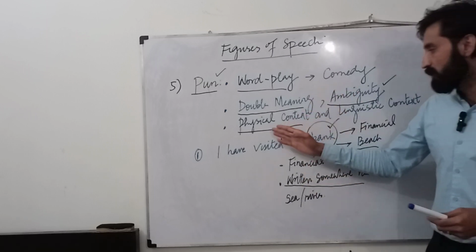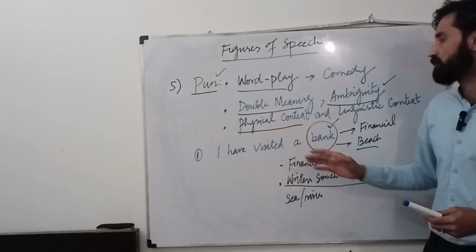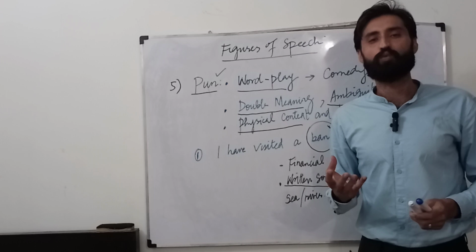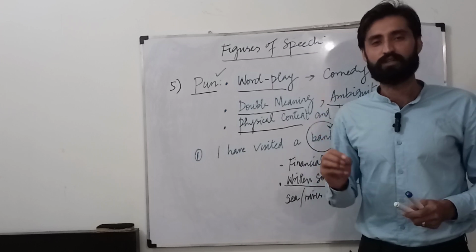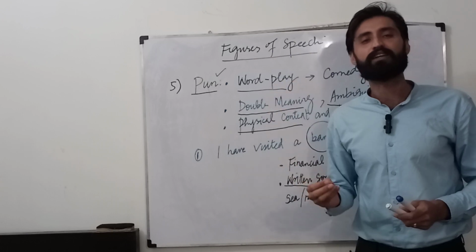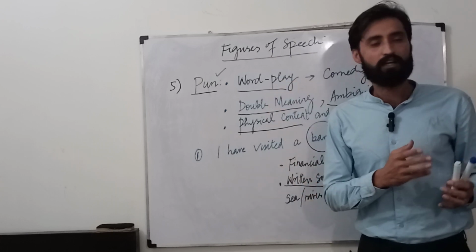So physical context means we understand the meaning of a word from where it is used, either somewhere in the middle of the market or somewhere near the sea or river.